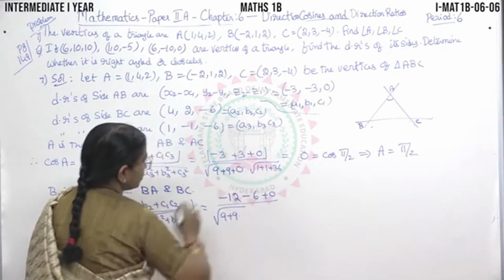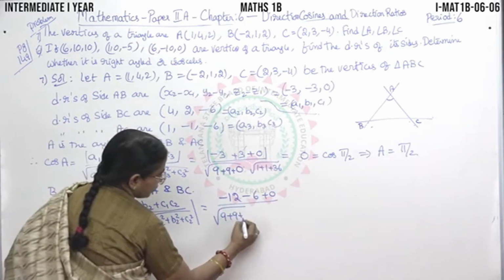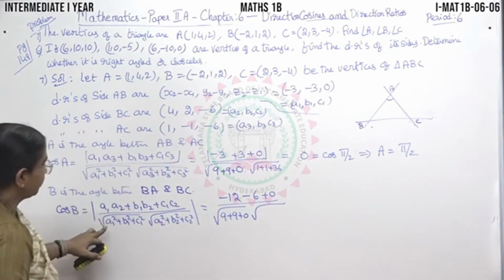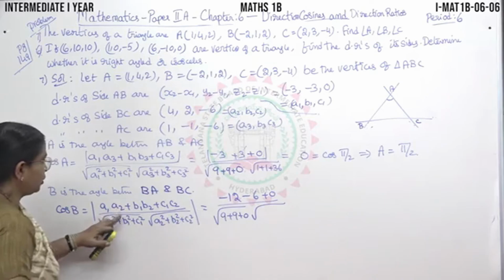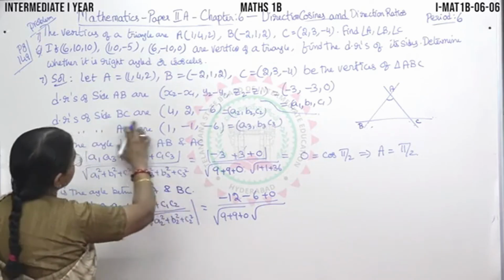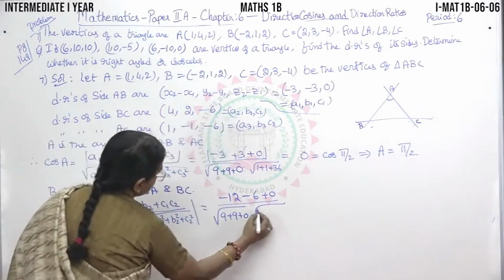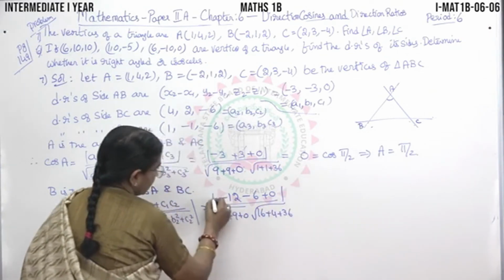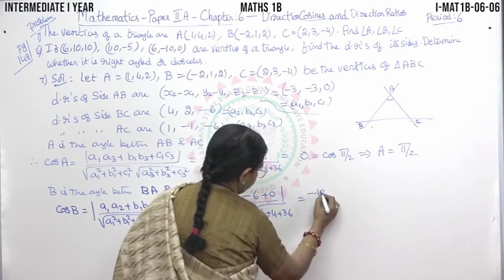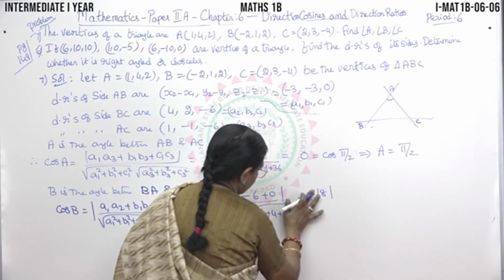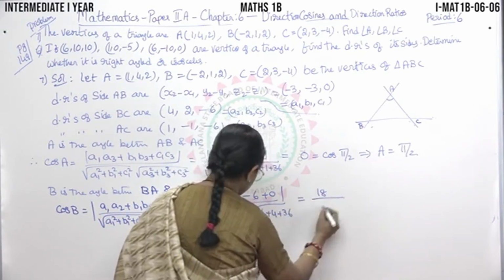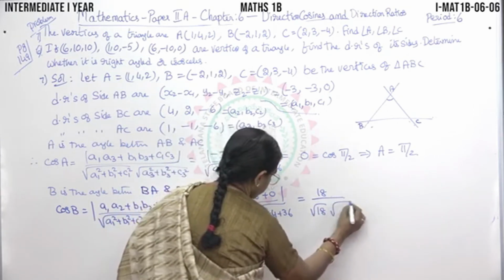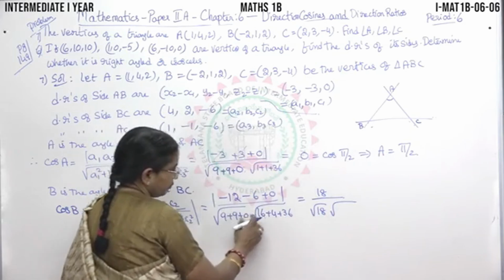So 9 plus 9 plus 0 into root of A2 square plus B2 square plus C2 square, which is 16 plus 4 plus 36. So you will get minus 18 by mod. When you take modulus, it becomes plus only. So 18 by root of 18 into root of 56.